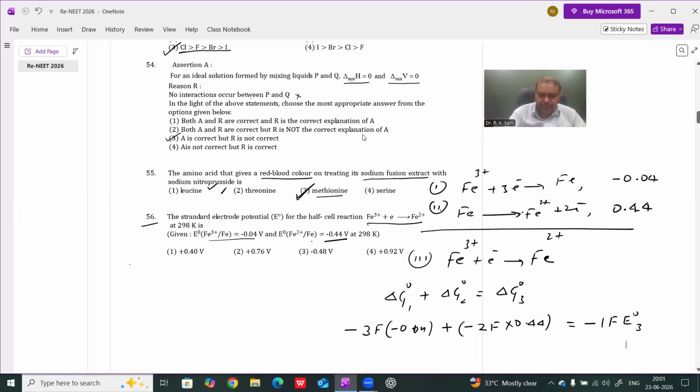On solving this, plus 0.12 F minus 0.88 F equals minus F E of the third electrode.